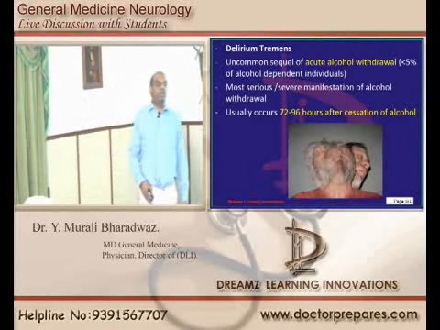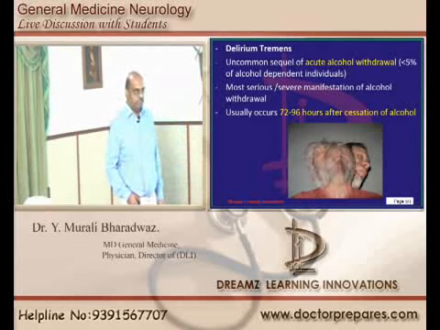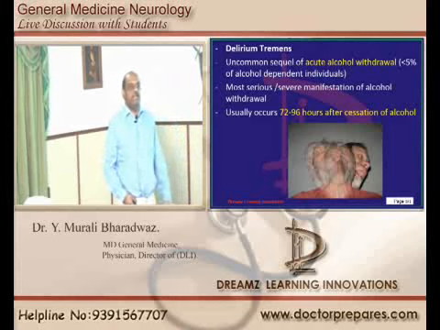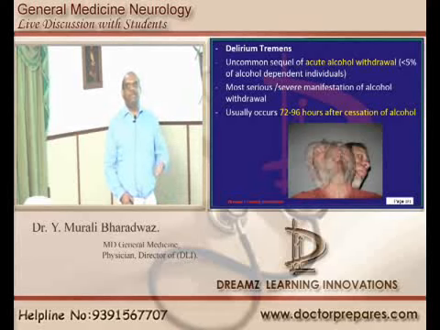As a house surgeon, when you are working, suddenly you will find a villager who is developing fits after the 5th day of admission. You will be thinking, arrey, he is improving, I treated his malaria very well, why these seizures now? He is a regular alcoholic, 5 days he has abstained.